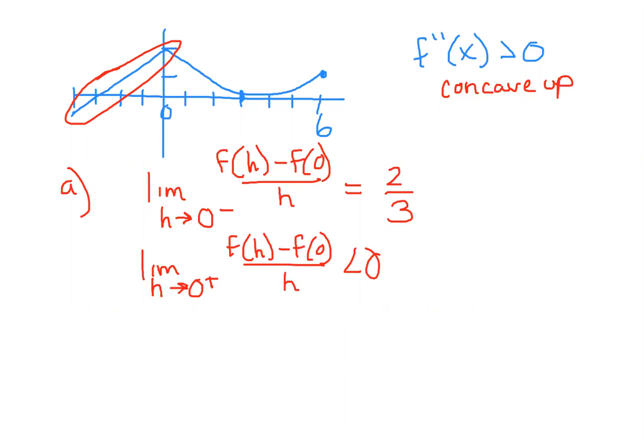Because look, we know it's concave up, and these tangent lines are less than 0. So since these two limits are not the same, we can say that f is not differentiable.